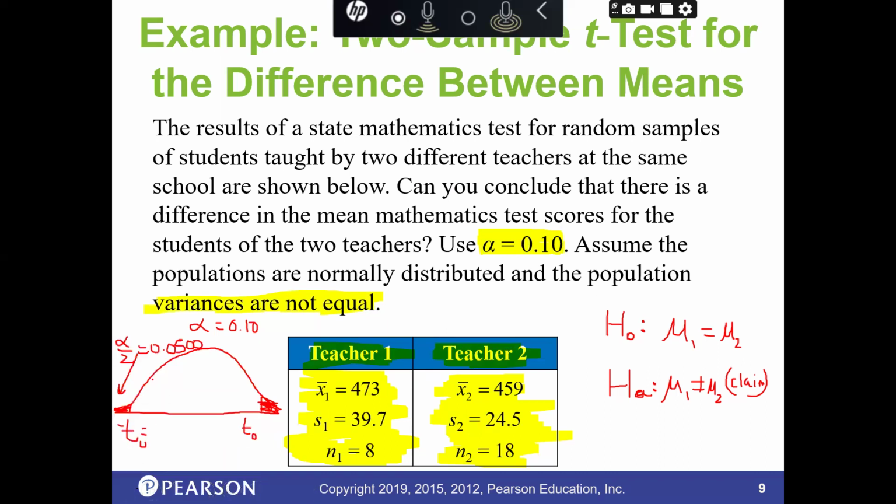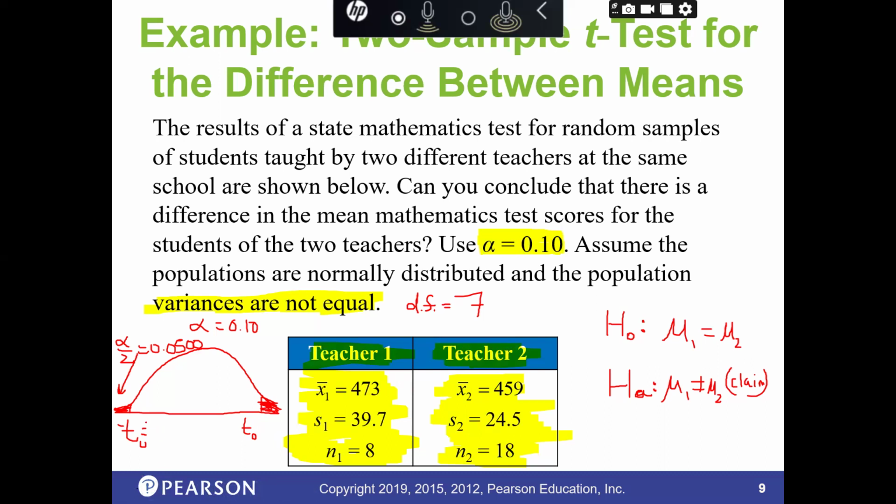All right, on your chart for your T table, looking at DF being 7, can you tell me what's your T value? So two-tail test, alpha level 0.10. Tell me when you think you got it. 1.895, I go with that.